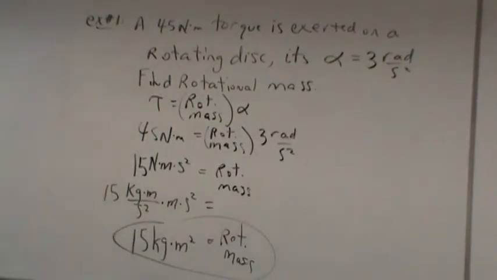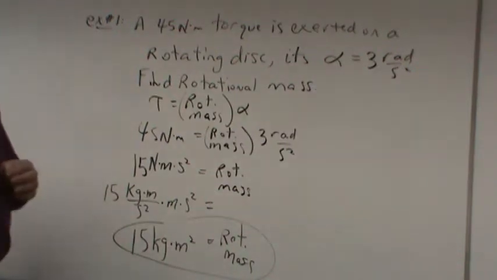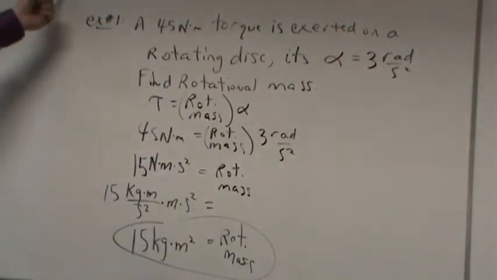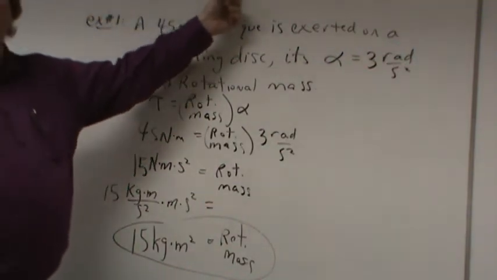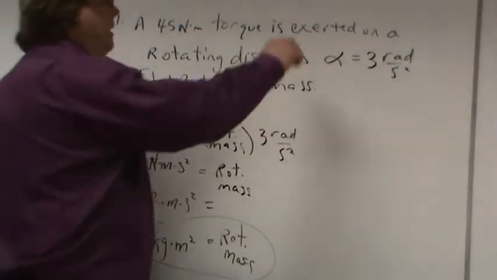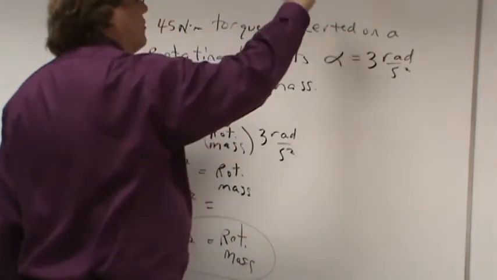Let's talk more about rotational mass. First of all, mass is the quantitative measure of an object's inertia, right? So rotational mass is going to be the same sort of thing. There's actually another name for rotational mass.